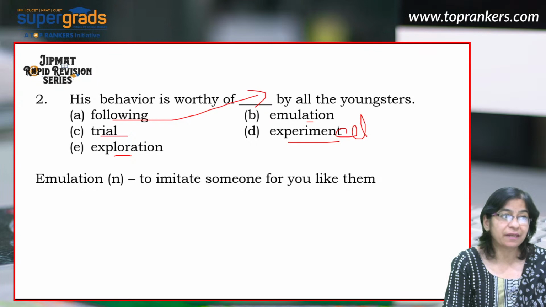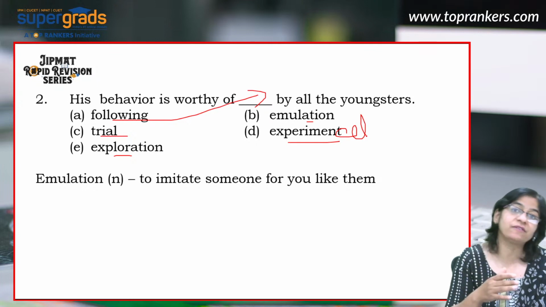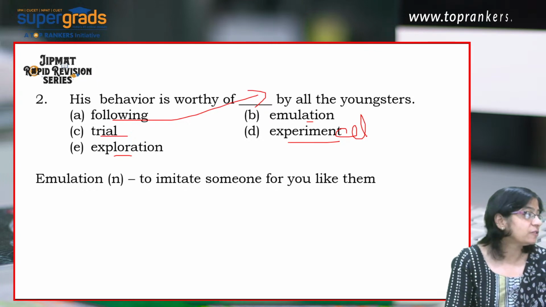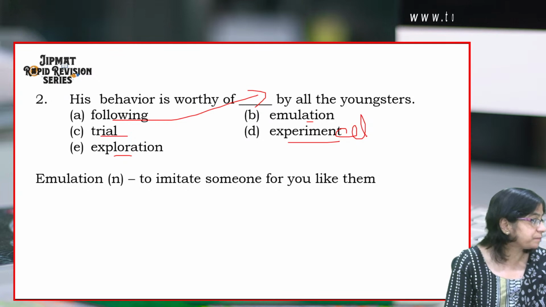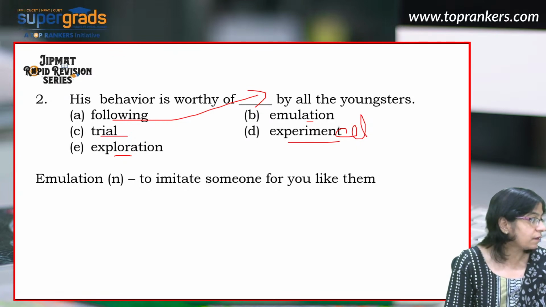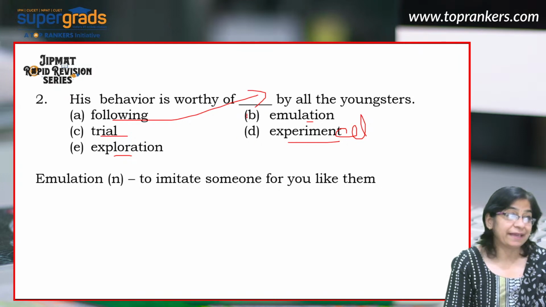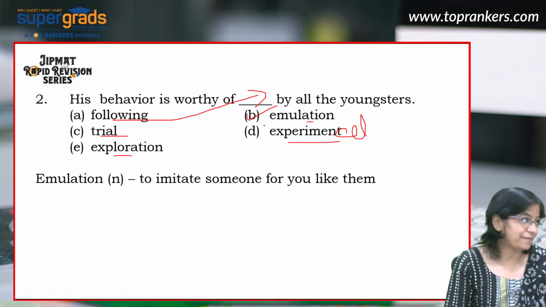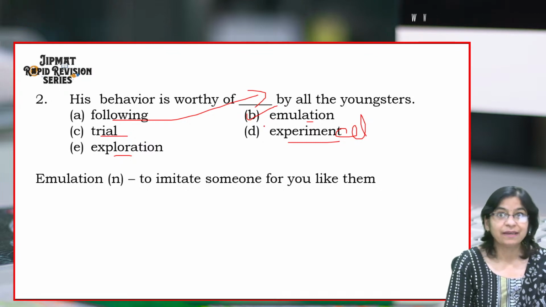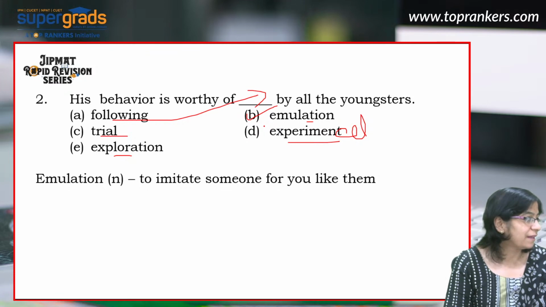Had it been experimented, it would still have been right. The word experiment won't even fit there. So the right answer choice is, I guess I'd go with emulation. All right. Yes, that's right. Absolutely right. I agree. Now let's move on to the next one.